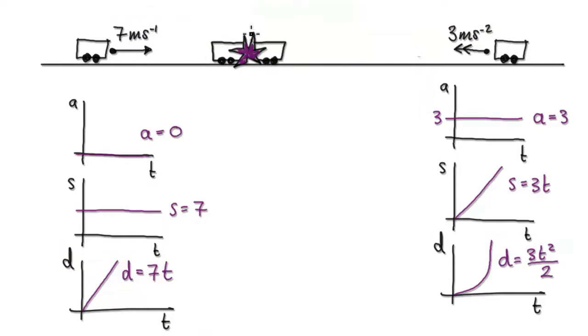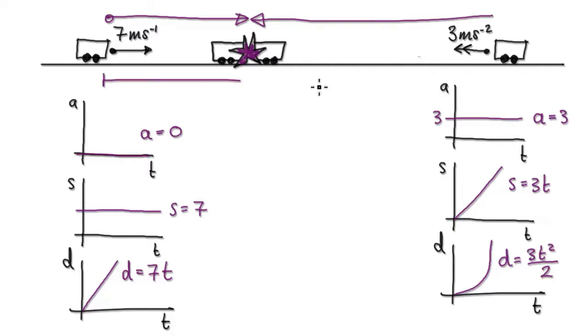At the time at which the two cars crash, if you get this distance plus this distance, it should add up to 100, because the distance that separates the two cars is 100 meters.